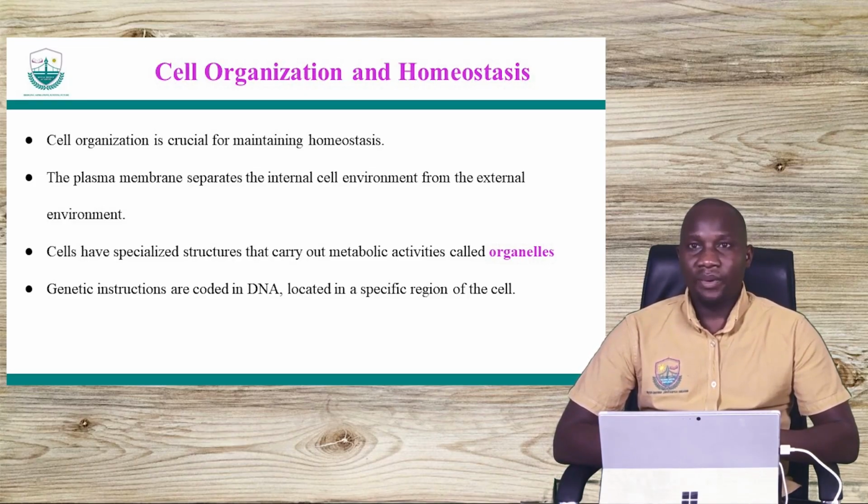So the gatekeeper, just like your door, if you want to control what goes in and out of your room, you have to lock your door, right? So the gatekeeper for the cell is actually the plasma membrane. It's the one that controls what comes in and what goes out.